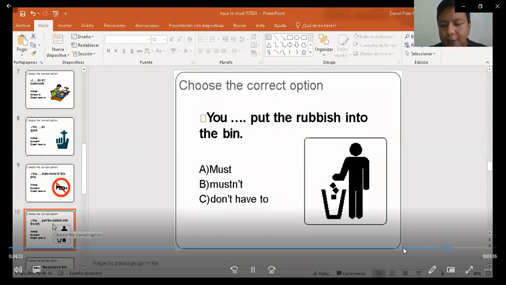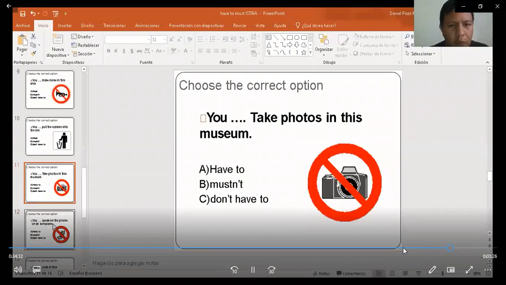Choose a correct. Choose the correct. You have to, mustn't, or don't have to take photos in this museum. Choose the correct, please.